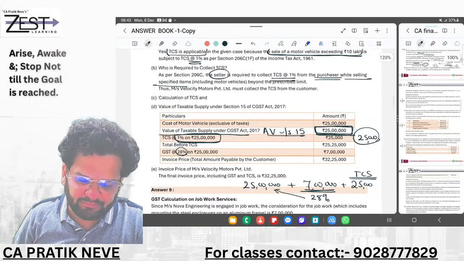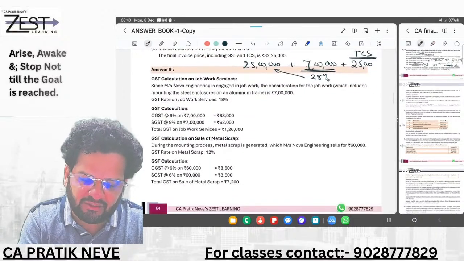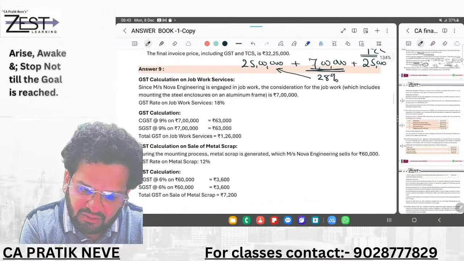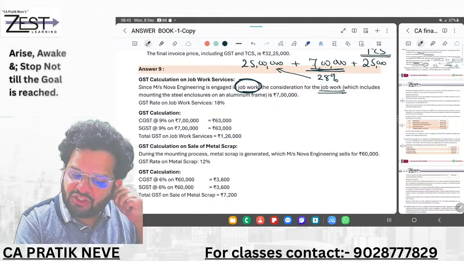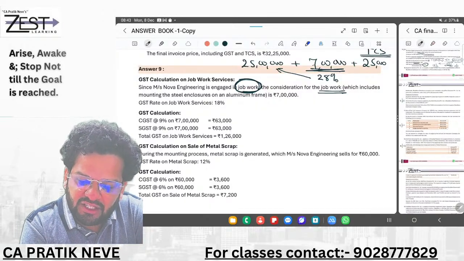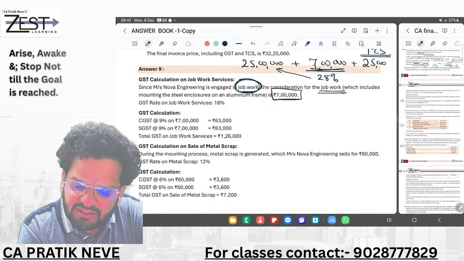So let's see the GST calculation. Since Nova Engineering is engaged in job work, consideration for job work, which includes mounting steel enclosures on aluminum frame, is 7 lakh.